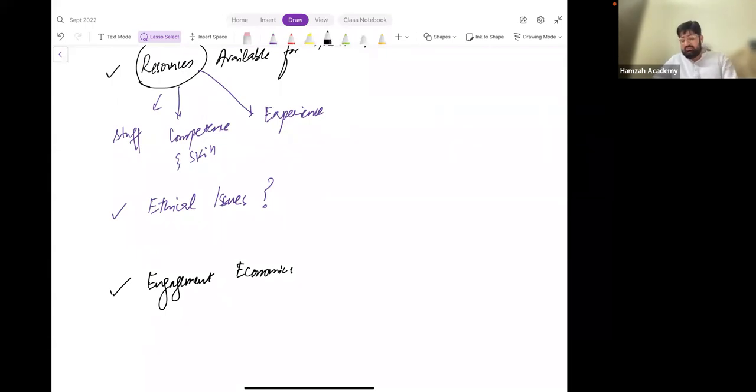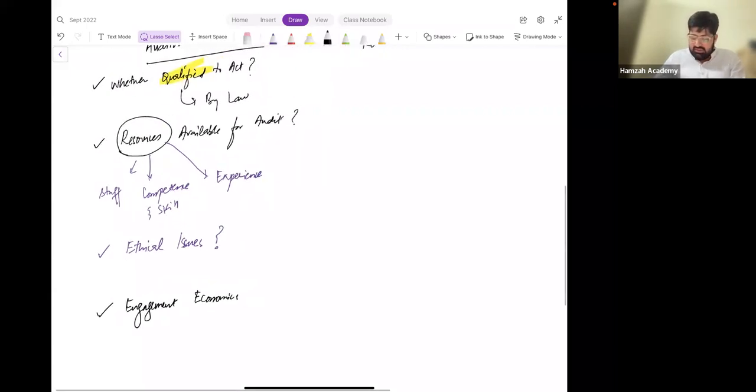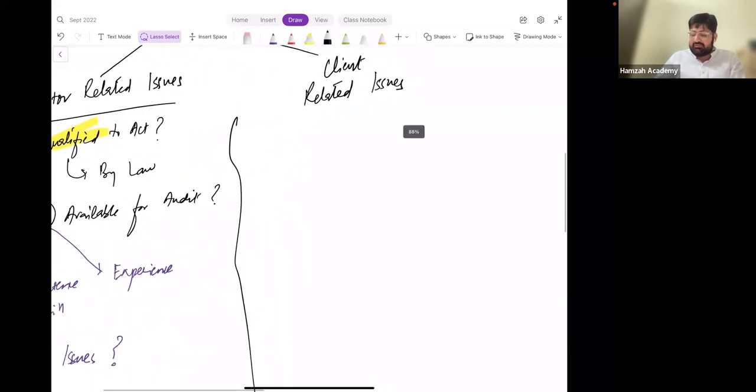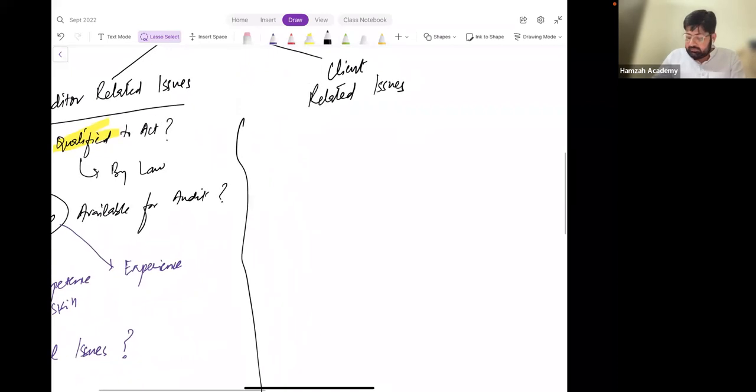You know that. So engagement economics, what does it mean? Whether this client is profitable, whether we can sell more services to them in the future. So these things are considered. Once we are satisfied, then next.